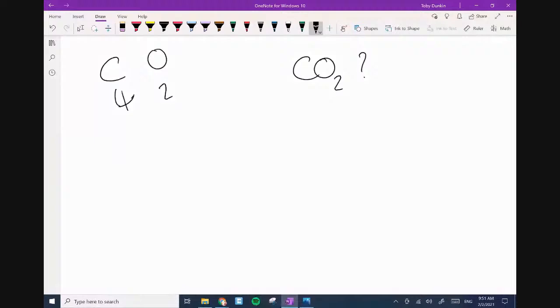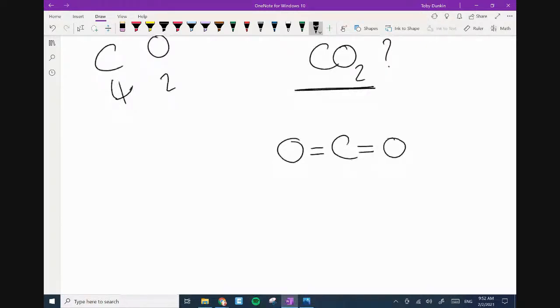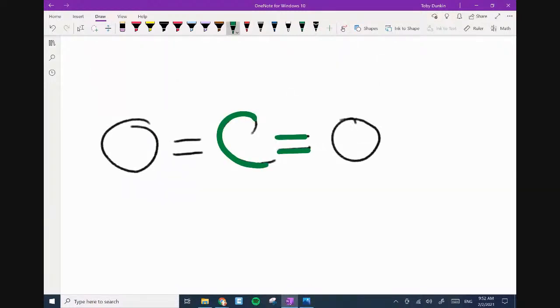So in order for this to work, I'm going to have carbon at the center. I'm going to have oxygens on either side, and I'm going to form 2 bonds to each of them. And that works. Carbon, 1, 2, 3, 4 bonds. Carbon's happy. Oxygen, 1, 2. Oxygen's happy.